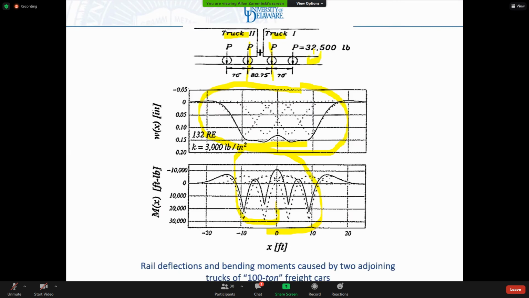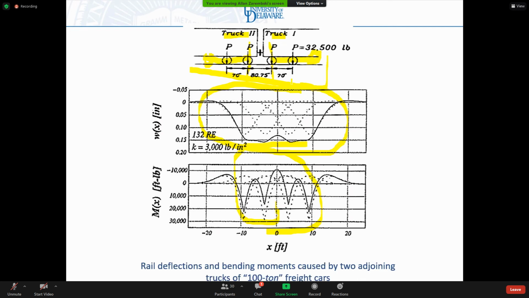Every once in a while, when I really decide to give myself a hard time, but you won't get it here, what happens if I have 2 locomotives next to each other with 3 axles here and 3 axles here? All 6 wheels will be important, will make an effect. And so we have to do linear superposition for 6. The mathematics is actually very straightforward. You just got to make sure you keep your record keeping properly.